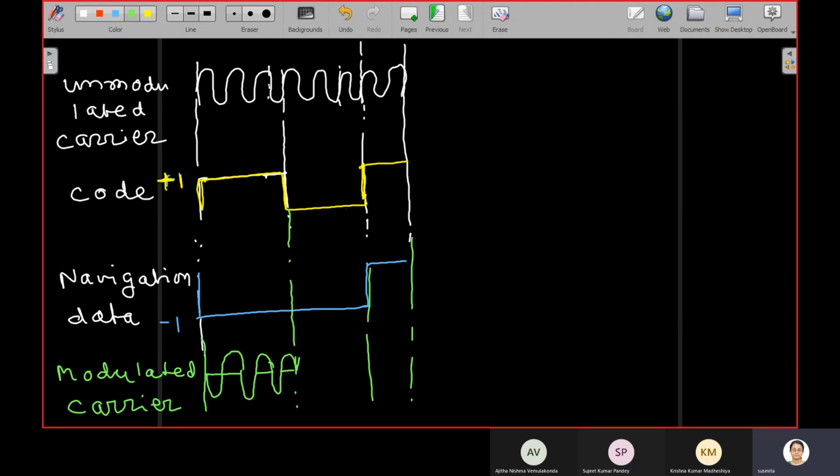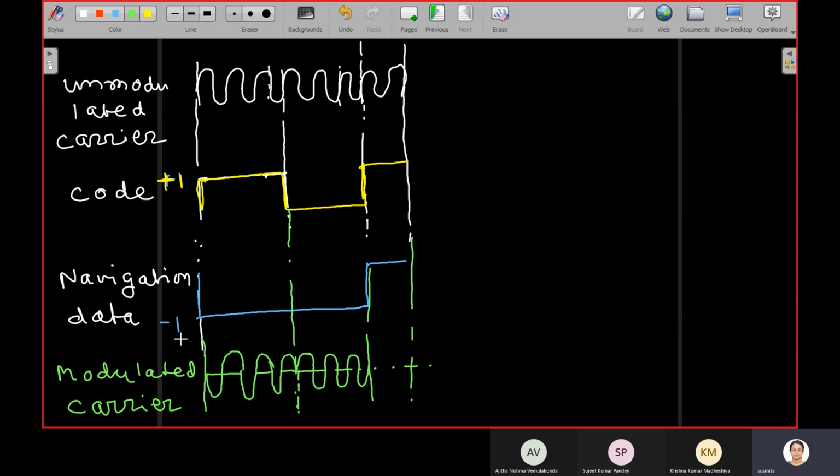So we need to actually put the same carrier. So this is how the modulated carrier will be after we do BPSK modulation.